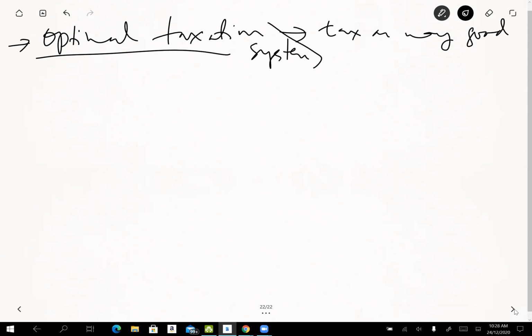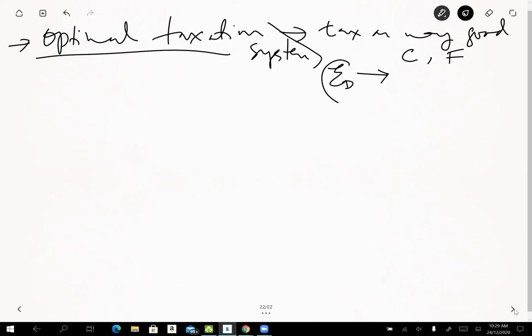Now, you recall about this. We focus on the elasticity of demand, okay? Elasticity of supply, I don't think I have time to do that. Now, the elasticity of demand: how does it affect the burden of the tax on the consumers and on the firm?